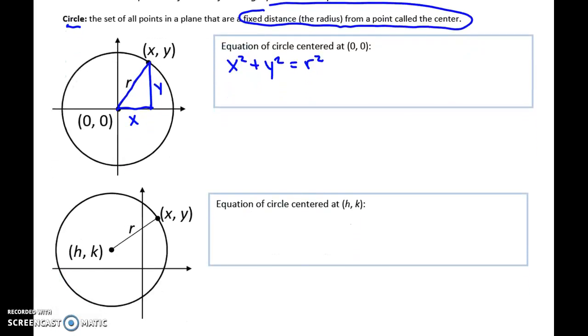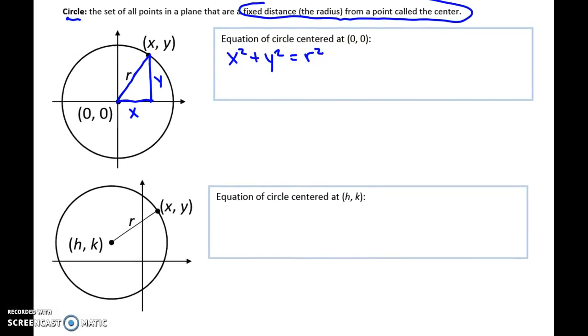But of course, we don't always have our circle centered at 0, 0. Sometimes we move it around. So now if I move my circle, my length x is the same thing as x minus the h value that I've shifted my center, and my length y is y minus the k value that I've shifted my center.